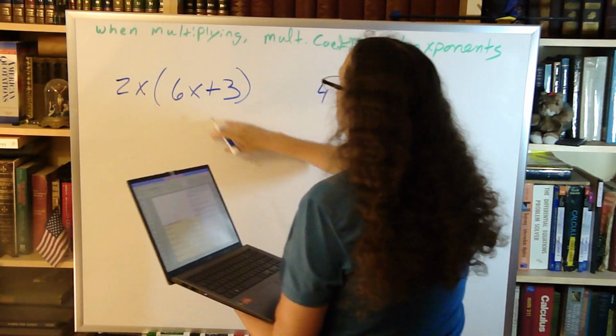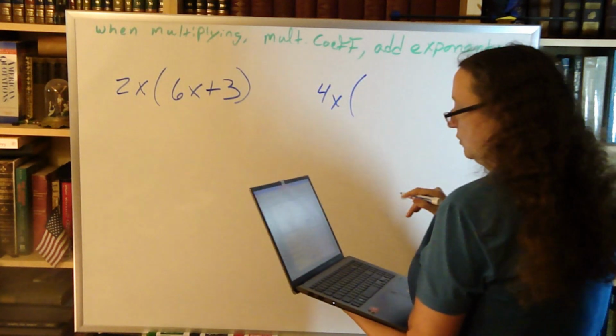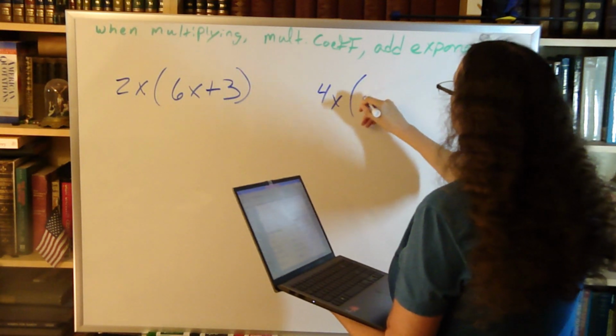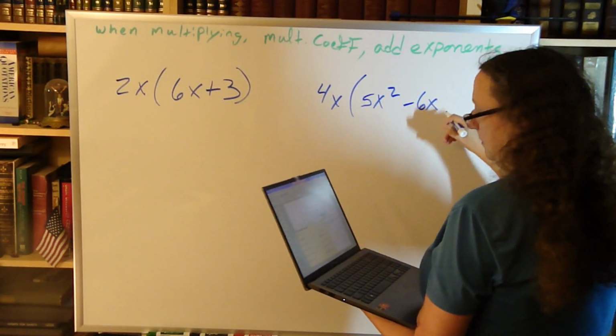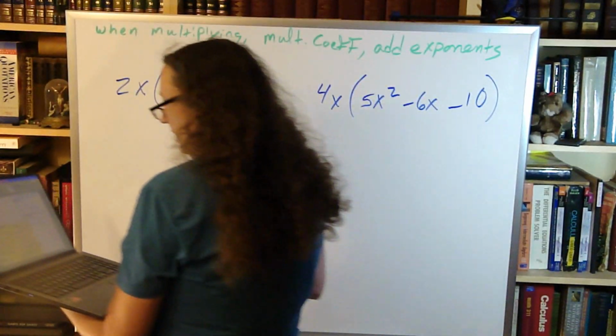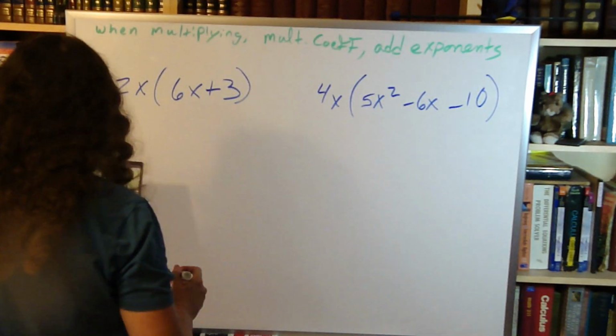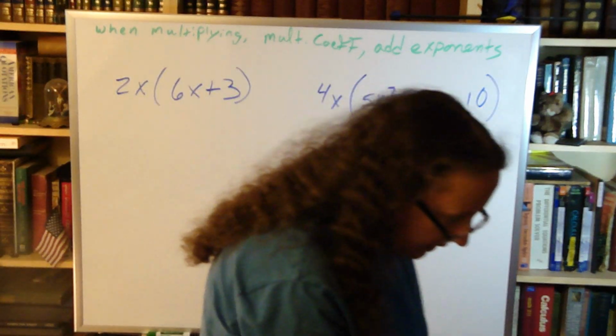Some of them are just binomials inside, and others are trinomials. And some are even worse than that. We'll start with just these two for now.